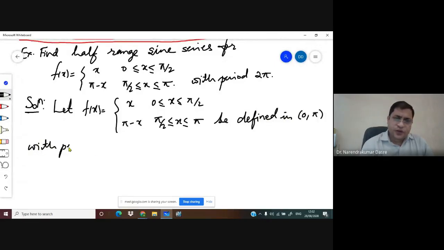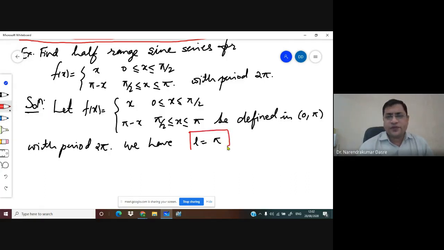Remember one thing: the period 2 pi is an unnecessary term given to you, just to confuse, nothing else. Here we have to look at the definition of the function, where it is defined, and consider from 0 to pi. So here we have L equal to pi.